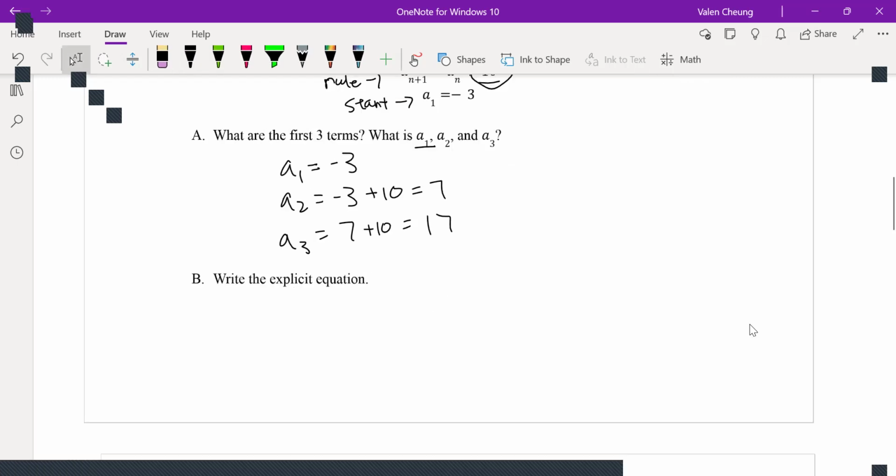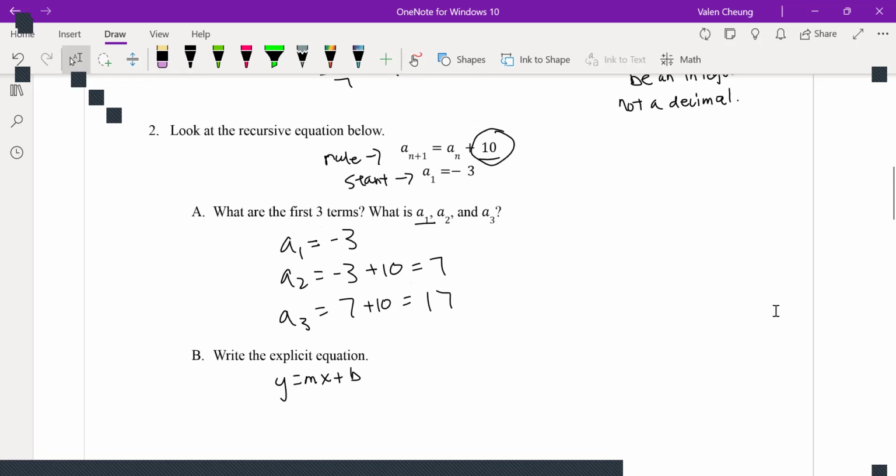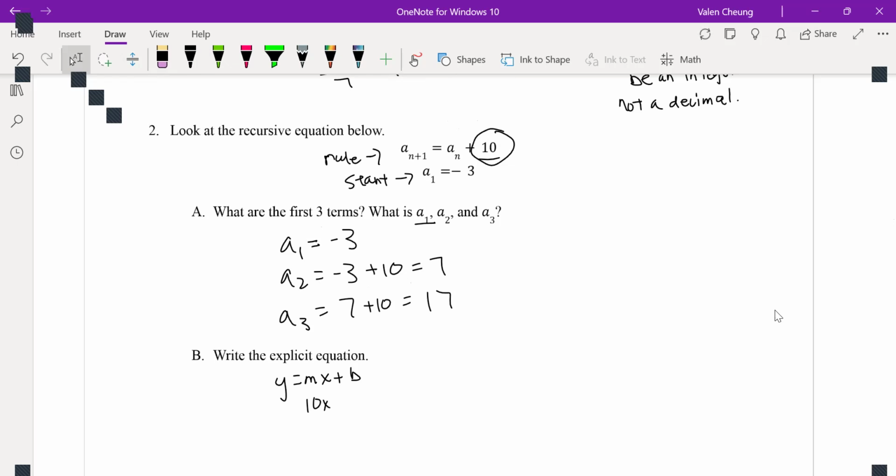The explicit equation, again, you're doing y equals mx plus b. And the rule was that you add 10 each time. And then your starting value is going to be a sub 0. So b is the same as a sub 0.